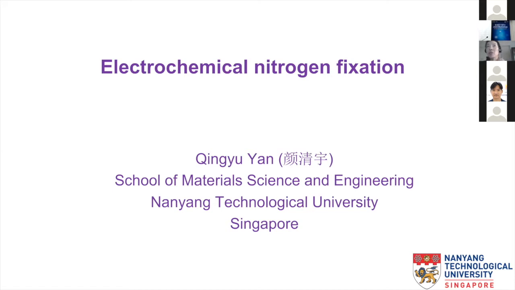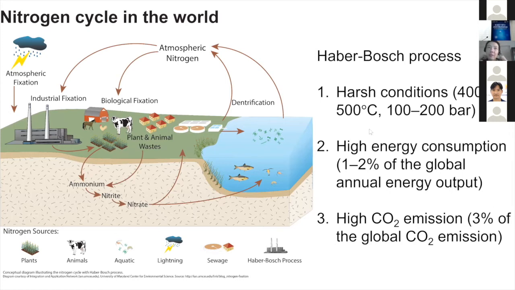The nitrogen cycle in the world is a very important process for the ecological system. It includes many different ways of nitrogen fixation: a biological way, the atmospheric process, meaning that with the atmosphere and electricity we can do this.